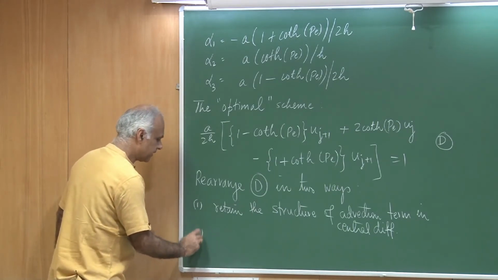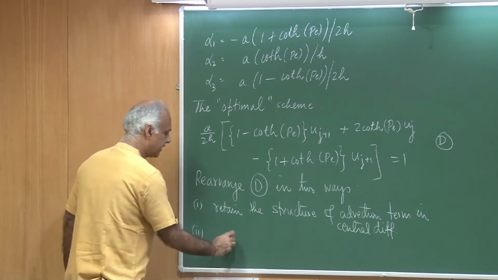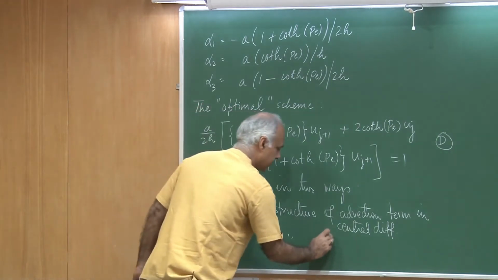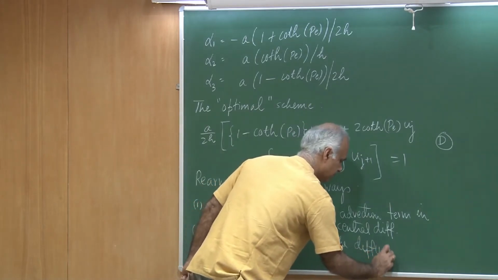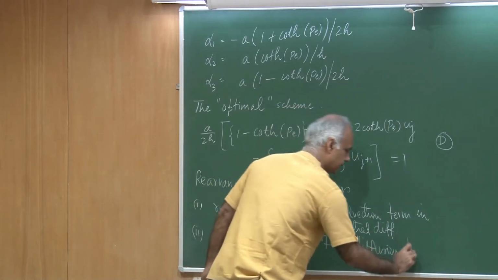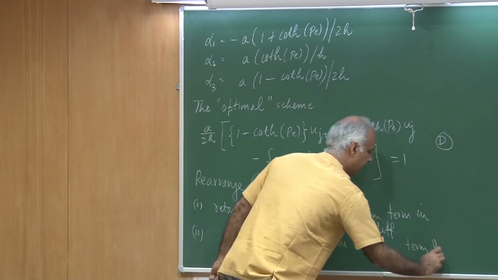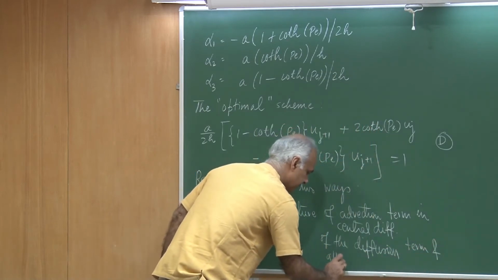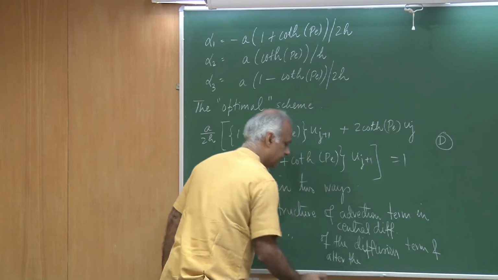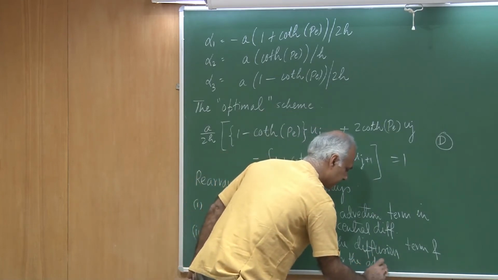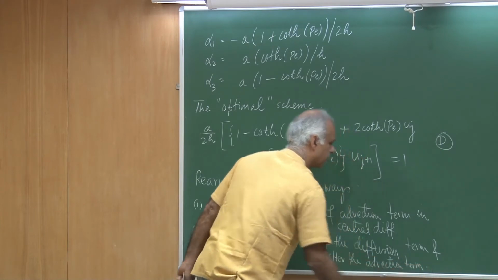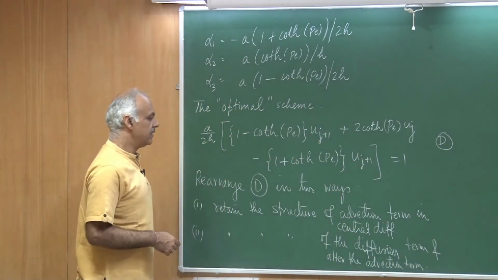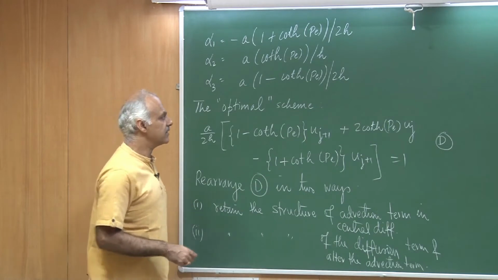In the second method, we are going to retain the structure of the diffusion term and alter the advection term. So it is the same scheme number D, but we will look at it in two different ways. So let us do that.